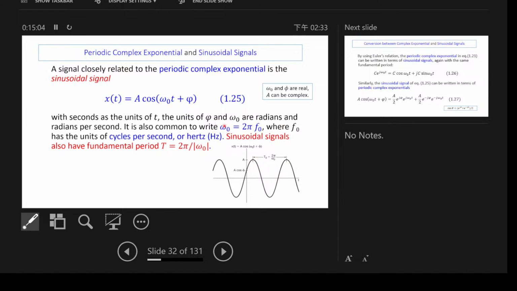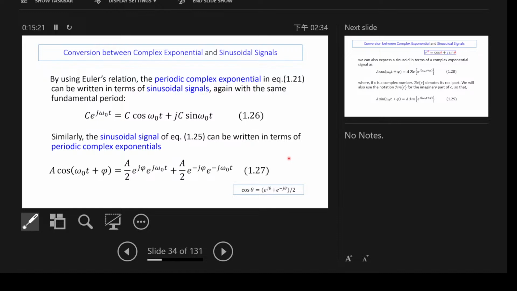Then you change from omega naught to f naught, where f naught is omega naught divided by 2 pi, meaning f naught is how many cycles per second this signal is having.